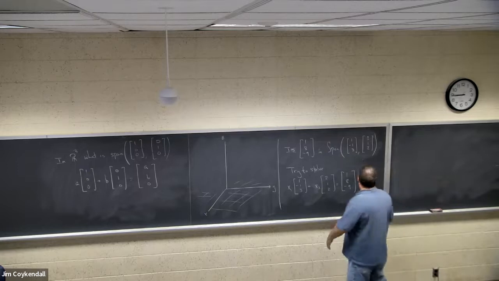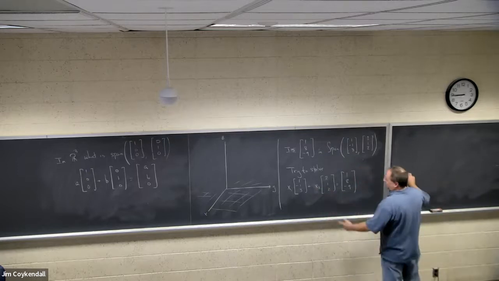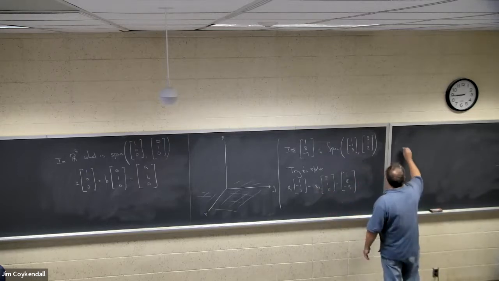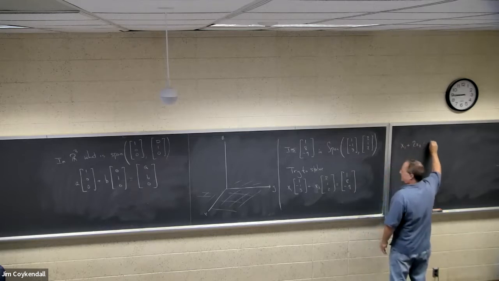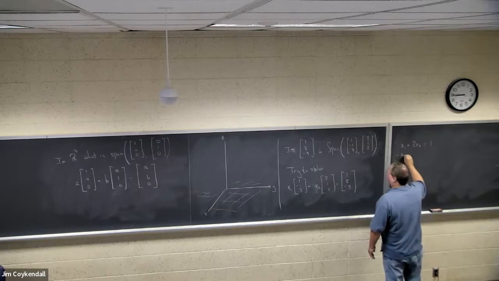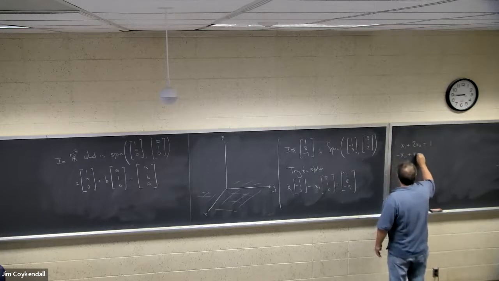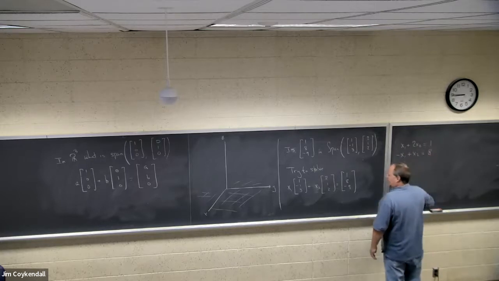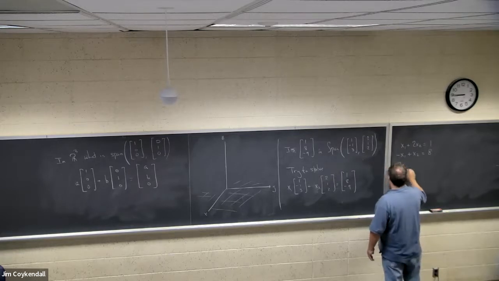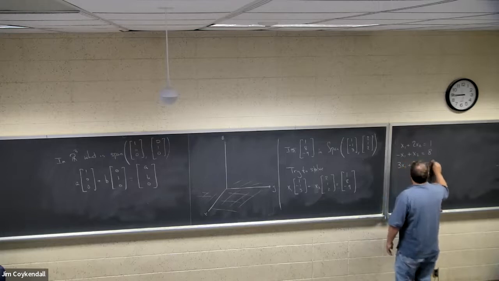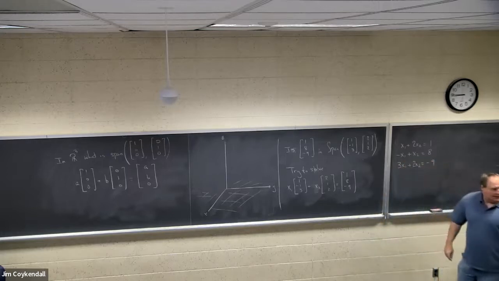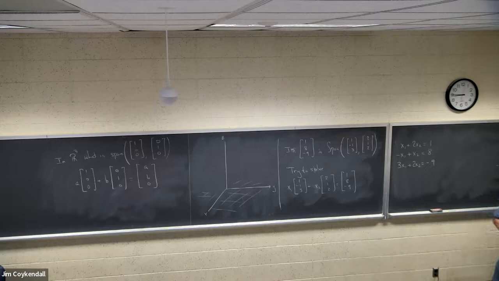This is actually three equations and two unknowns: x1 plus 2x2 is equal to 1, minus x1 plus x2 is equal to 8, and 3x1 plus 2x2 is equal to -9. Everybody see how those connect?